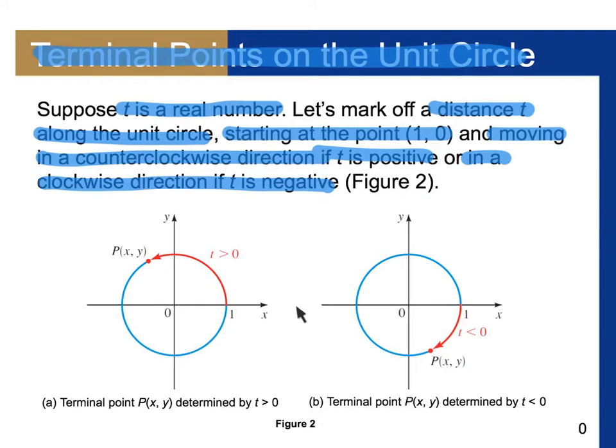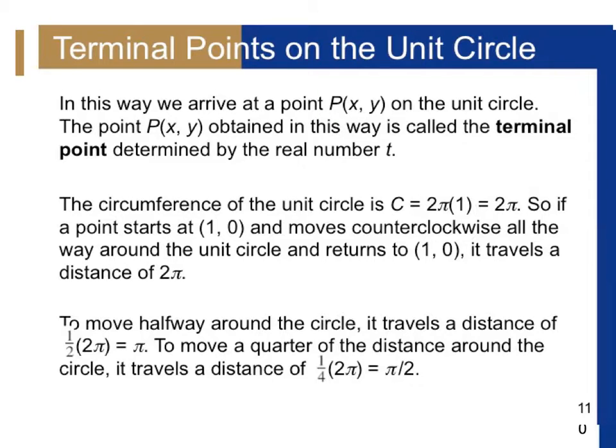So we start at this point on the x-axis, which is 1, 0, and we move this way for t positive, and this way for t negative, and our terminal point is where we end up when we do that, so we get a point (x, y) there, or an (x, y) here. So we arrive at a point called P(x, y) on the unit circle. x and y are our coordinates.